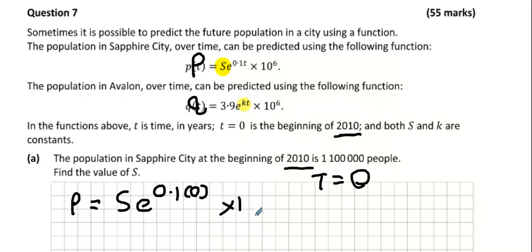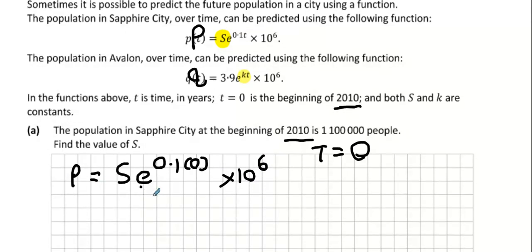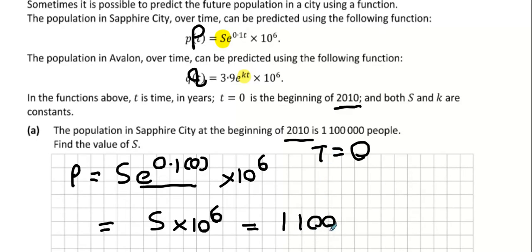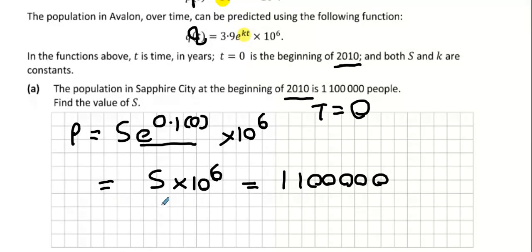And then what else? Multiply by 10 to the power of 6. Now get this. What's e to the power 0? 1. So S multiplied by 10 to the power 6 is equal to how many people? 1,100,000. Now, is S on its own yet?